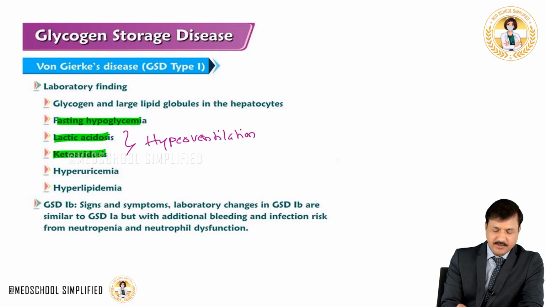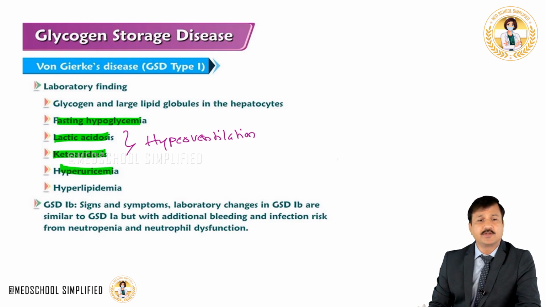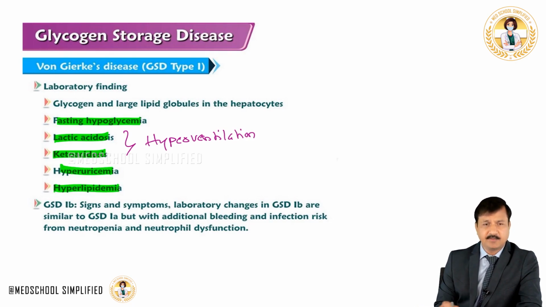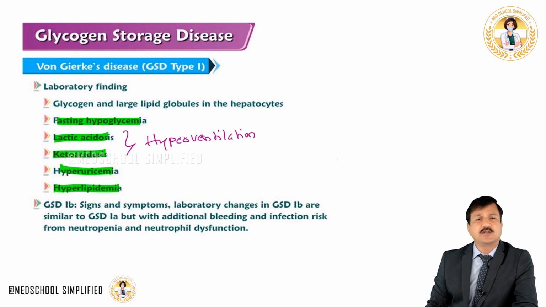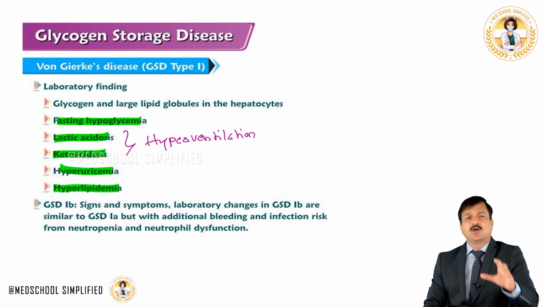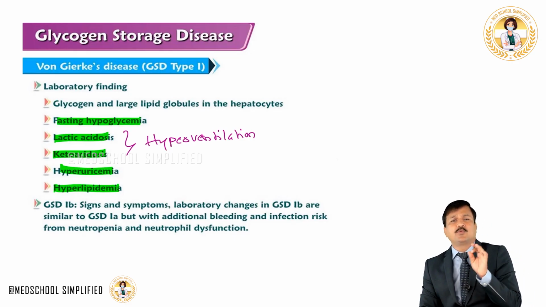And then hyperuricemia, giving rise to gouty arthritis, and hyperlipidemia giving rise to xanthomas and other lipidemia-associated changes. So these are all signs we see in type 1A disease.